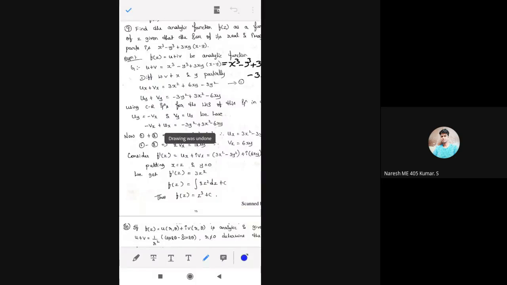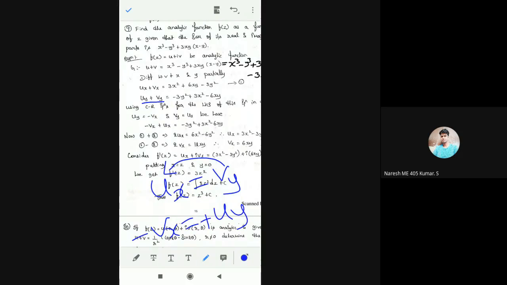So how to change uy, vy? We have CR equations. I'll write and show. ux is equal to vy and vx is equal to minus uy. So when you multiply minus on both sides, in the place of vy we can write ux. Using CR equations for the LHS of this equation, we get vy is equal to ux and uy is equal to minus vx.